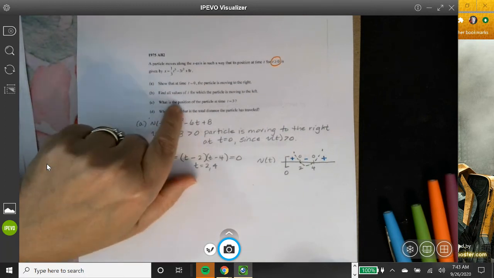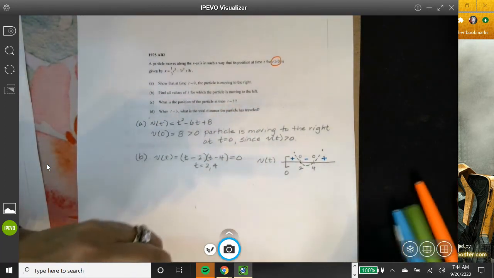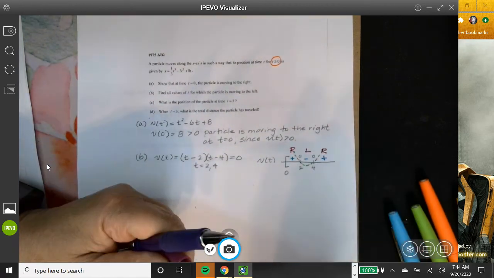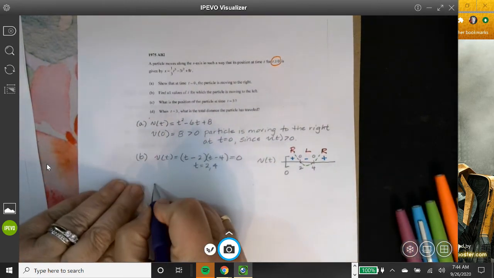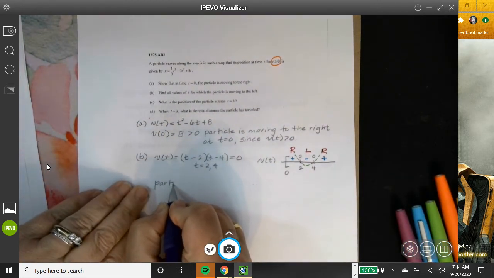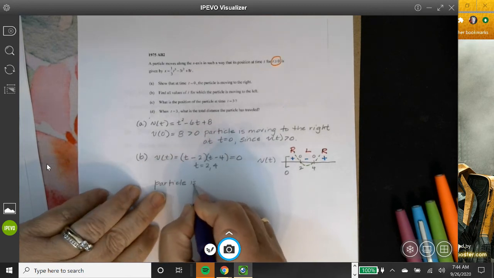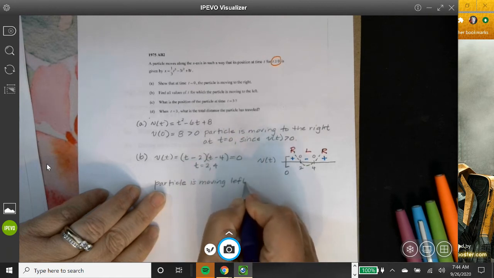And I want to know the values for when the particle is moving to the left. Looking at my sign chart, I can say I was moving right, left, right, which I love for this reason. The particle is moving left for what intervals?